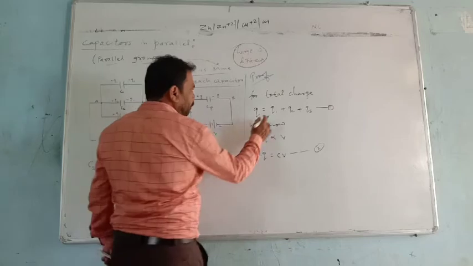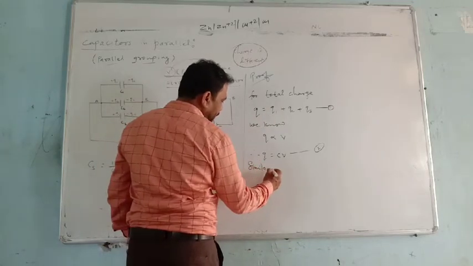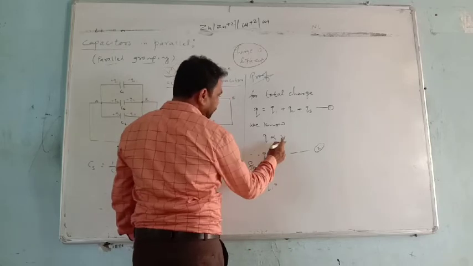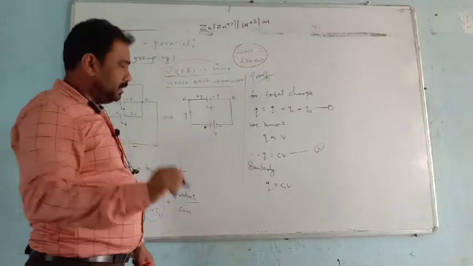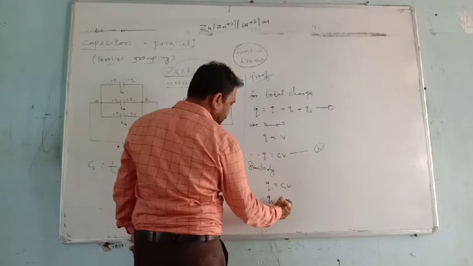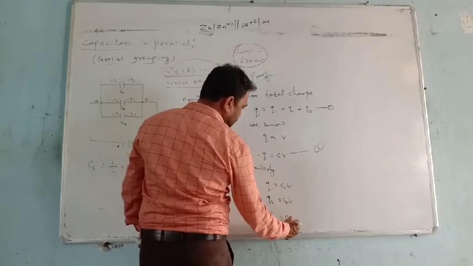So for Q1, similarly we can write Q1 is exactly equal to C1 into V. V is common, you should remember it. For Q2, C2V, for Q3, C3V.